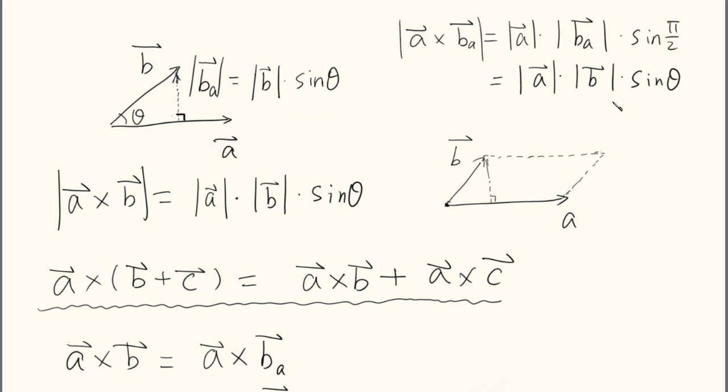So these two have the same length and the same direction. So they are equal. These two vectors are equal.